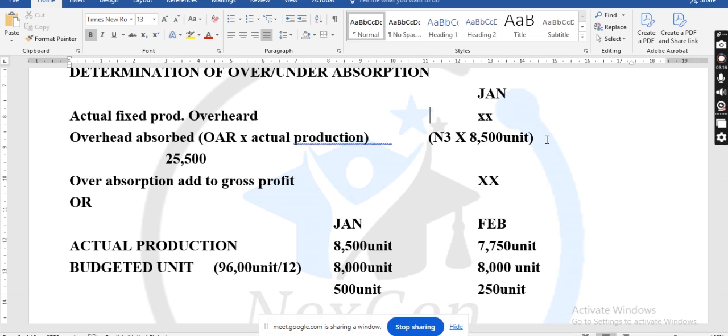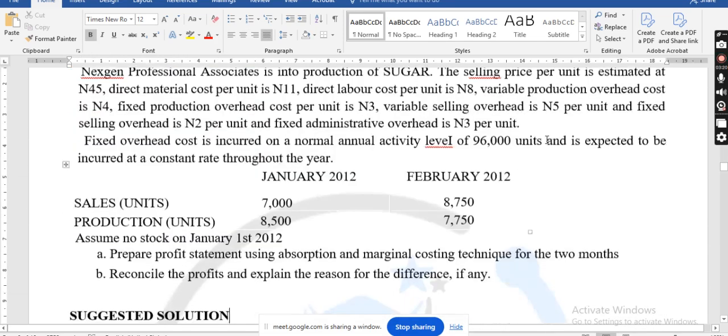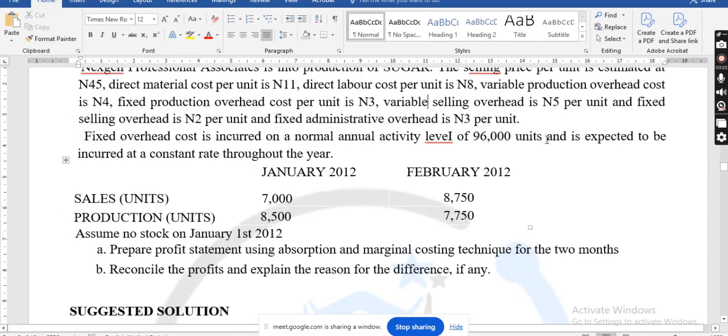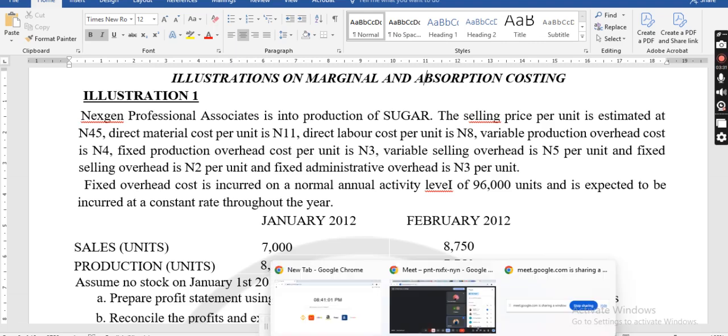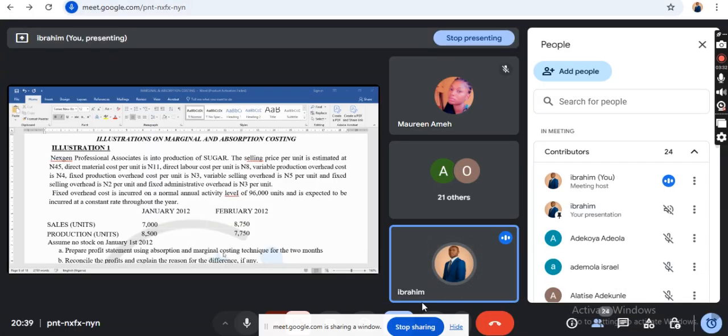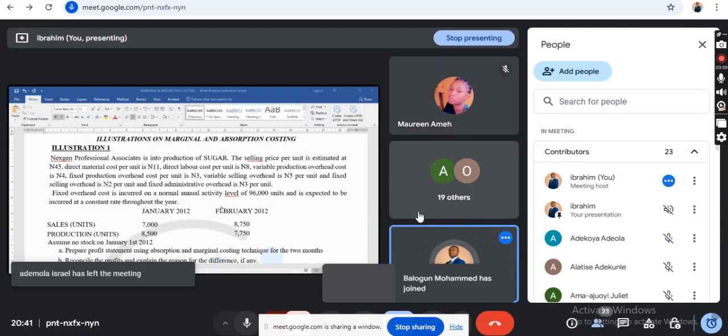Now, let's quickly go to our question. We want to determine our over and under absorption. Ideally, you need your OAR, which is the overhead absorption rate.